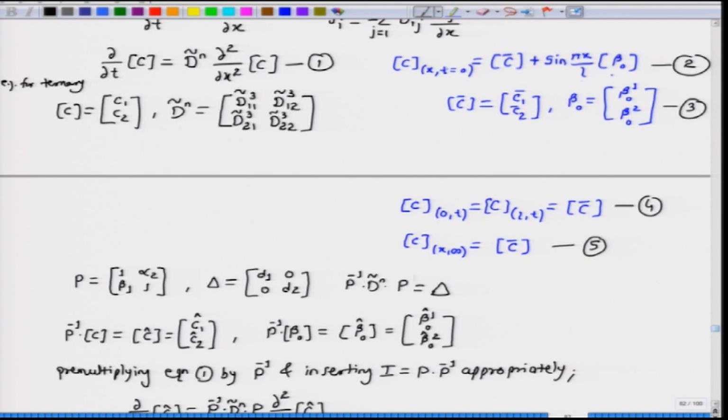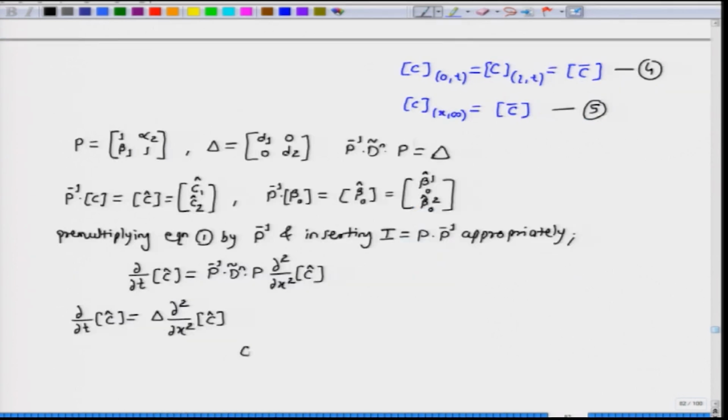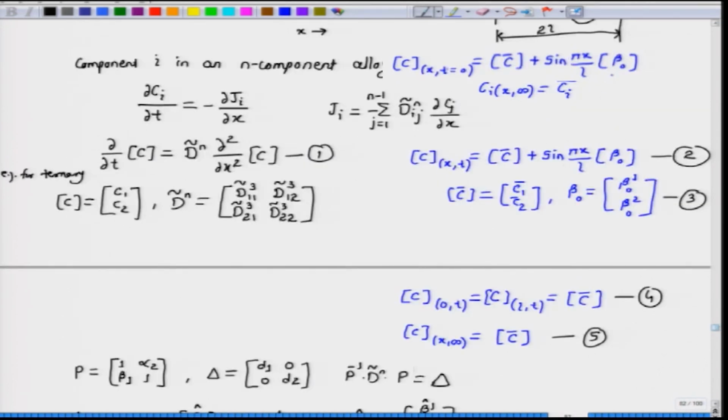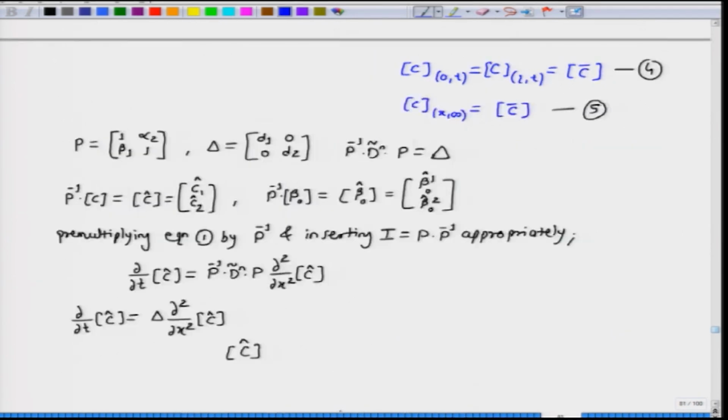So we can write the initial condition as C cap at x at t equal to 0 should be equal to C bar cap plus sin(πx/L) beta 0 cap.